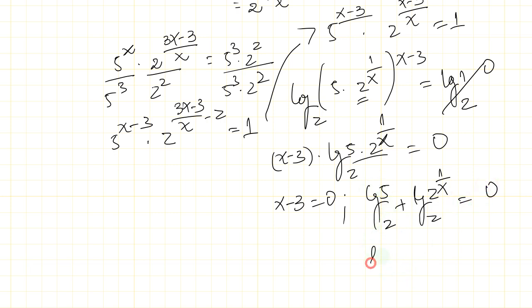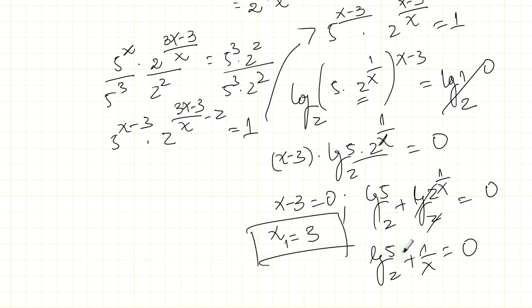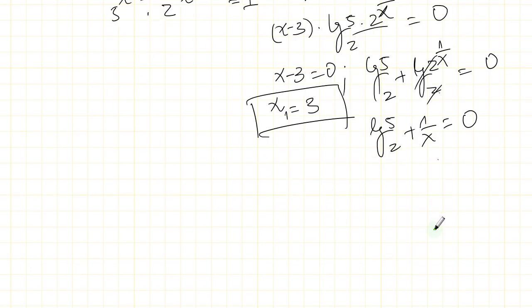So we keep log base 2 of 5 plus, this is going to be just 1 over x, and then this is 0. So from here we're going to have x1 is equal to 3, our first answer.